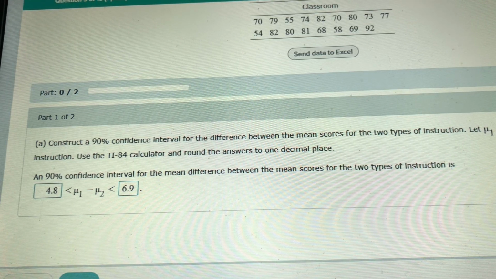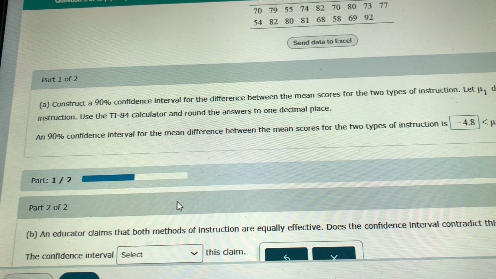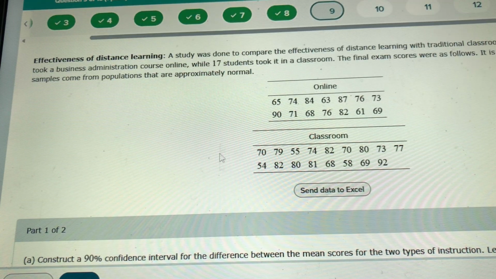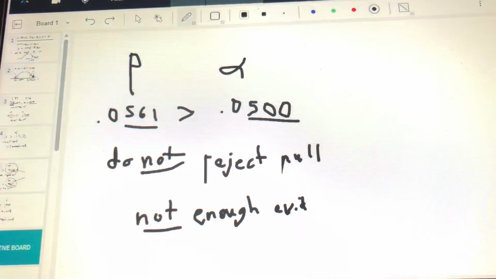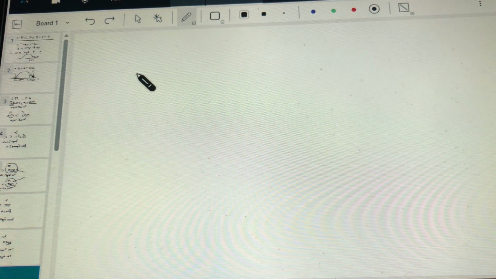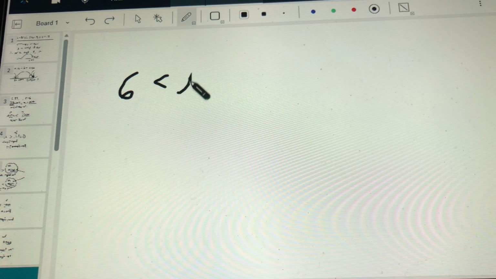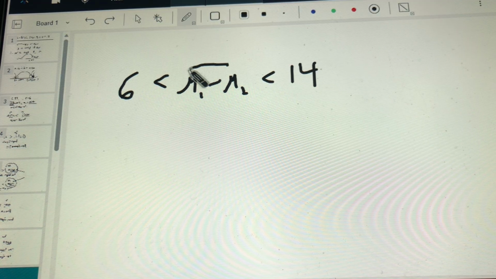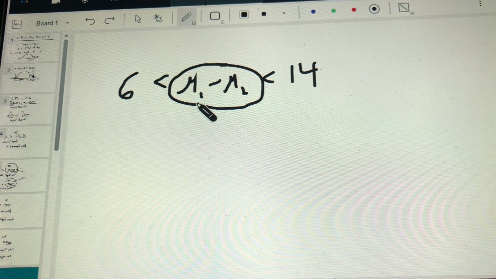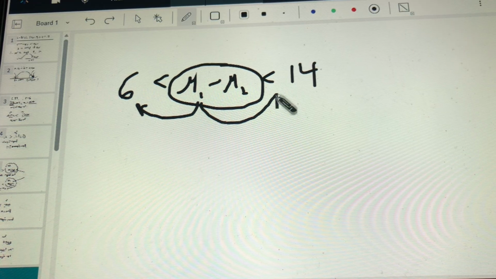Okay, so there's a part 2 coming up, and if you think about that last answer we had, remember the last answer was like 6 to 14? On the previous problem, I got a confidence interval that was 6 is less than mu1 minus mu2 is less than 14. So what this is saying is when I subtract the two means, the answer is always between 6 and 14, and the more important thing is it's always positive.